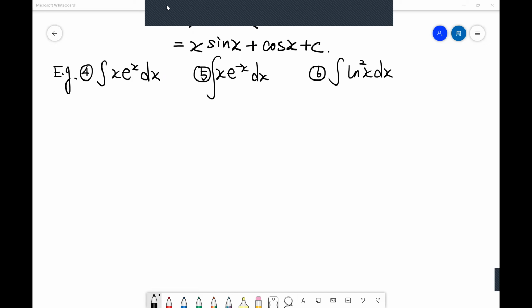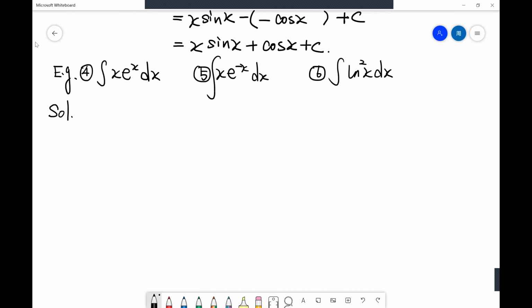Okay, now let's solve these 3 questions together. First, let's solve number 4: x e^x dx. Most of you know that we should choose u be x, right?